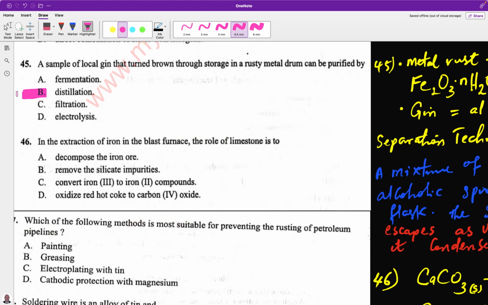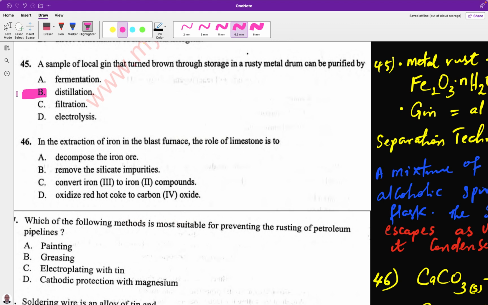Limestone will break down to give us calcium oxide and carbon dioxide. The calcium oxide is very useful. The calcium oxide is the one that will be used to extract the impurities that are found in iron during the extraction of iron.